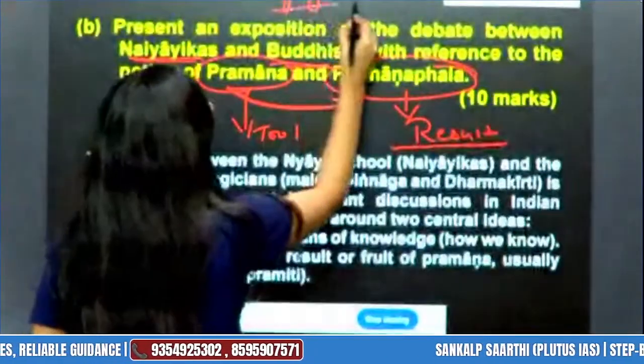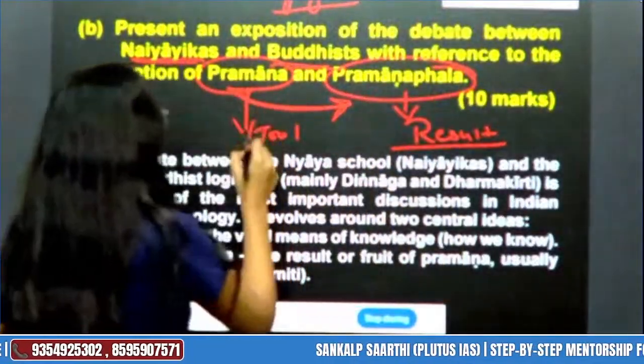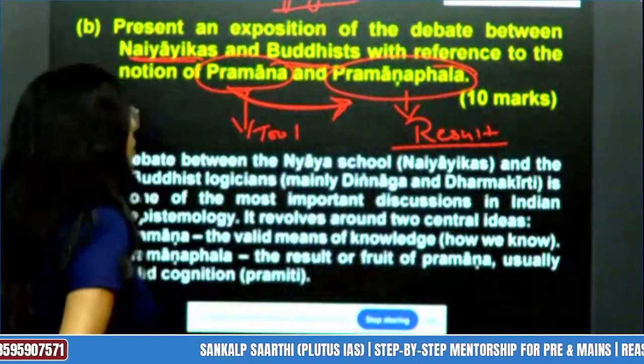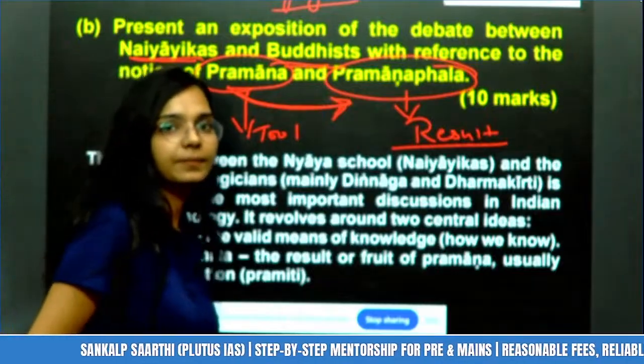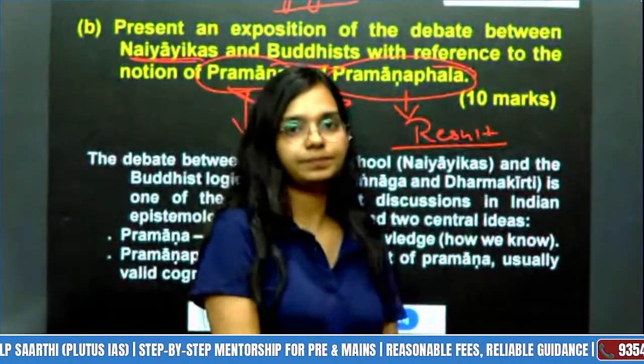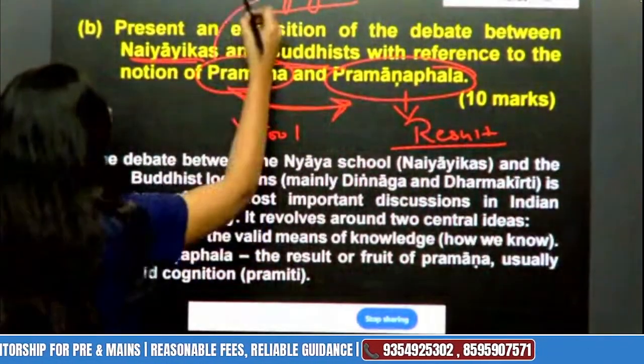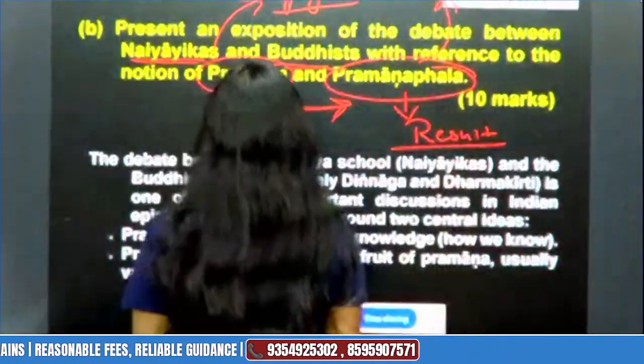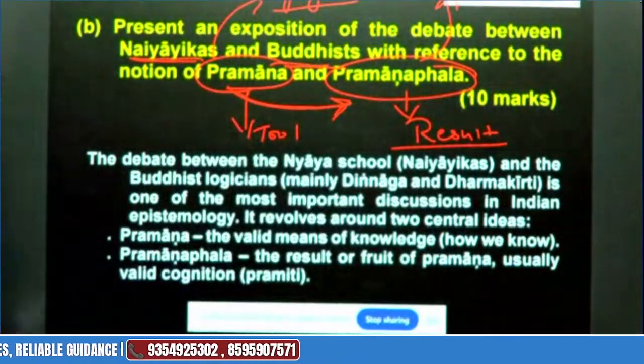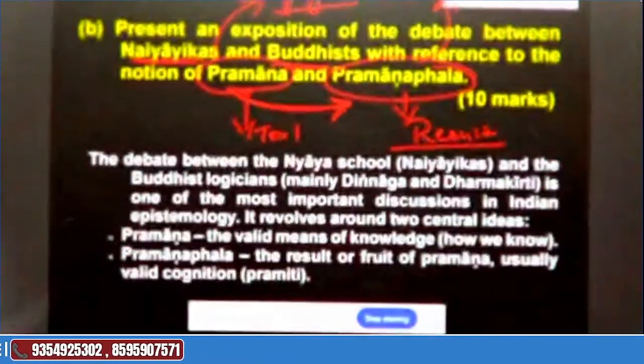Now, what is Google Map and route over here? If Pramana is a tool and Pramanphala is the result, what is Google Map and route over here? Google Map is Pramana and the route is Pramanphala. So, how will you form the answer? First of all, write down.